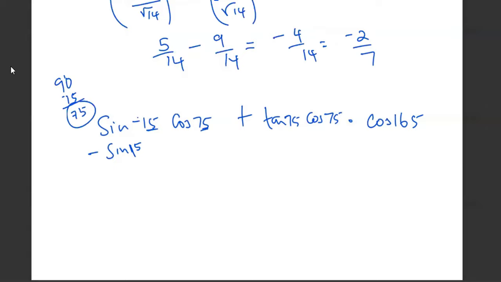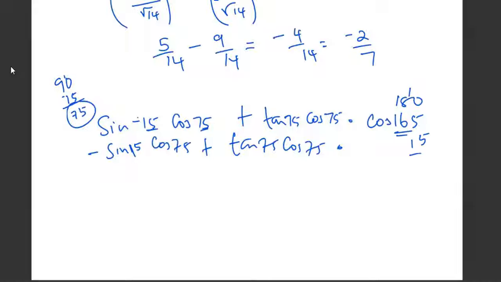And then the cos of 75 plus the tan of 75, cos of 75, multiplied by, where do we find 165? That is in the second quadrant. Okay, if I subtract from 180, that's going to give me also a 15. Okay, so let's see how we approach this question.